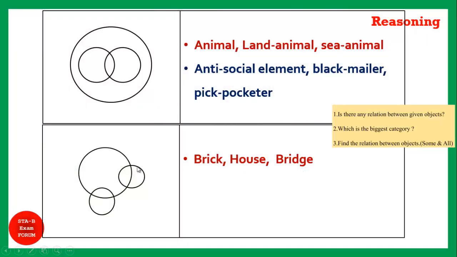So this is your brick circle, this is your house circle. A house is made from brick, though sometimes it can be made from other objects also. This represents that region, and this one represents bridge, a bridge made of brick, or this portion represents brick made of some other thing. So this Venn diagram is the correct Venn diagram for that.